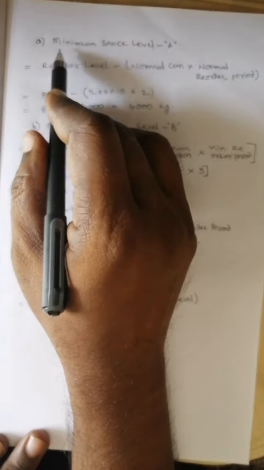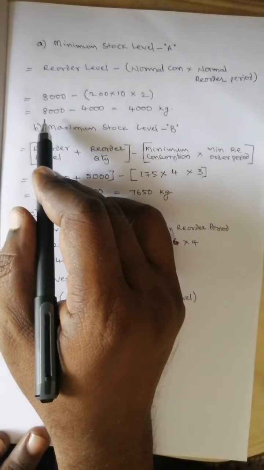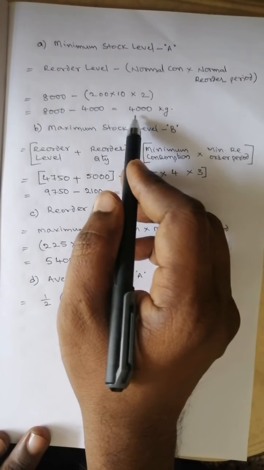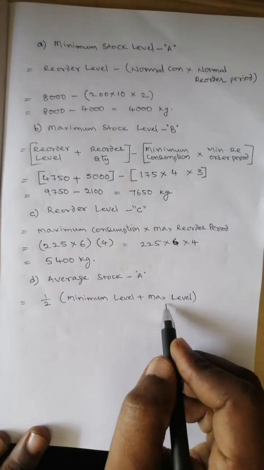While computing the first point, minimum stock level of A is already computed, which is 4000, available now. Now what is the next one?